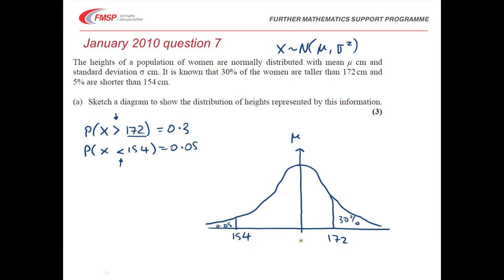So they're testing your understanding as to whether you understand that area as probability. You do get a mark here for drawing a bell shape, but you've got to make sure it looks like a bell. If you drew, I don't know, a triangle, then that's not going to get you any marks. You get 1 mark for putting 154 and 172 roughly in their correct places, and then you get another mark from labeling the areas as 5% or 30%.